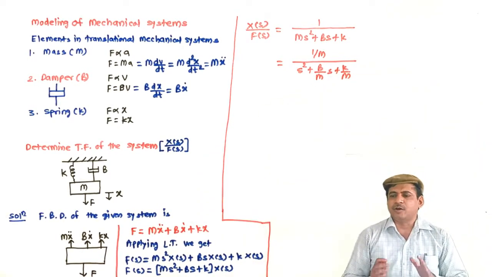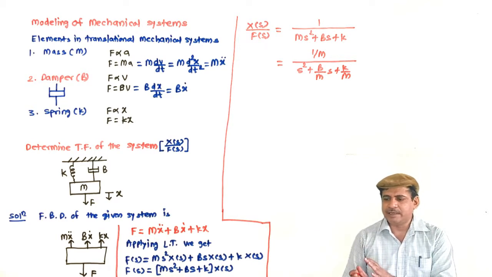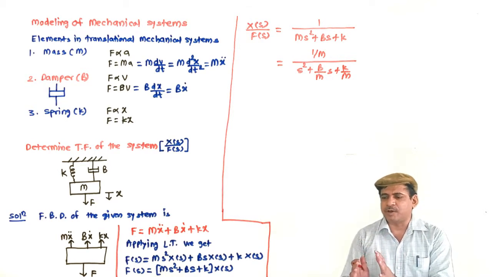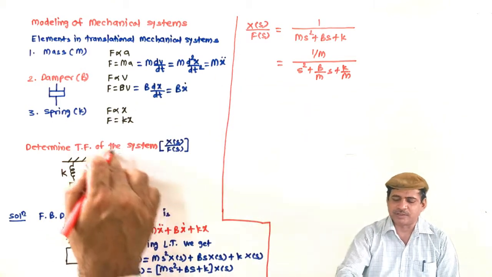That is what I said. Always try to bring the transfer function in a form that the highest power of s in the denominator will have coefficient 1. So this is the transfer function of the given system.